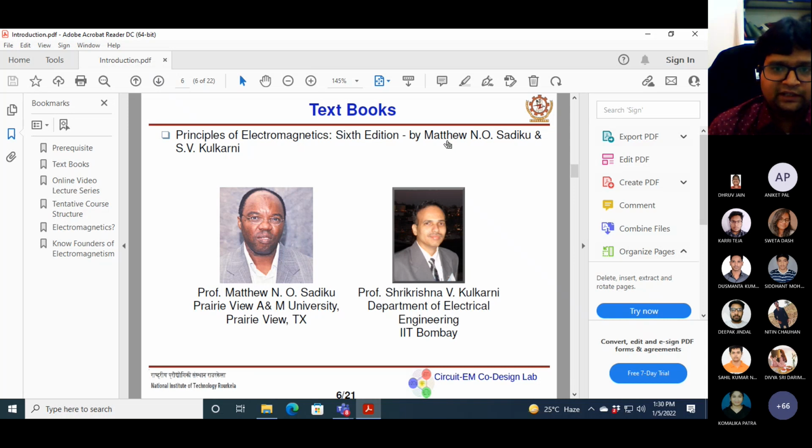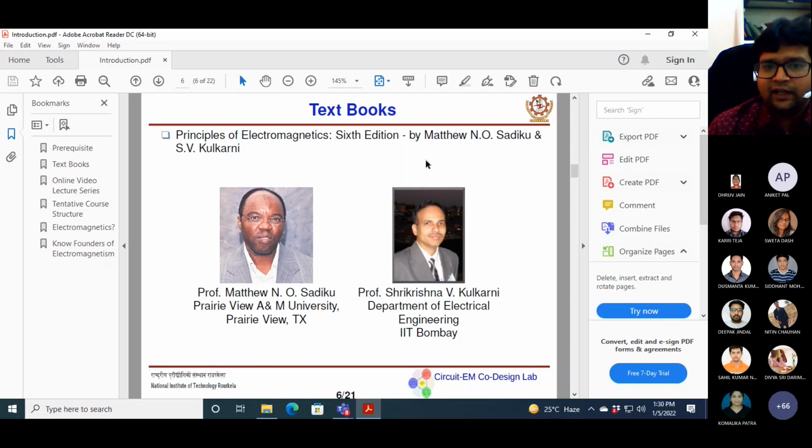The book was originally written by Matthew Sadiku, and this is the Indian edition, at a low price. The original price of the book is, let's say, some $1,000. I cannot say the exact cost, but the original version, the main edition, is a very costly book.